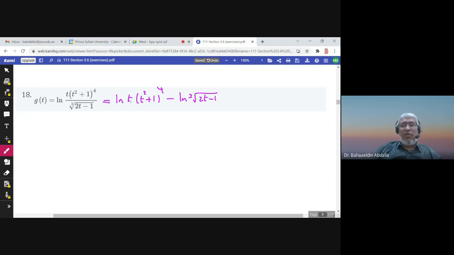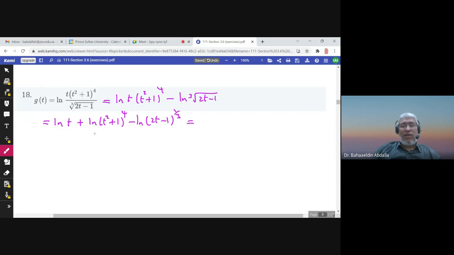And then here you have a product. So you can write it ln t plus ln t squared plus 1 to the power 4. And I can write this 2t minus 1 to the power 1 over 3, the cube root.